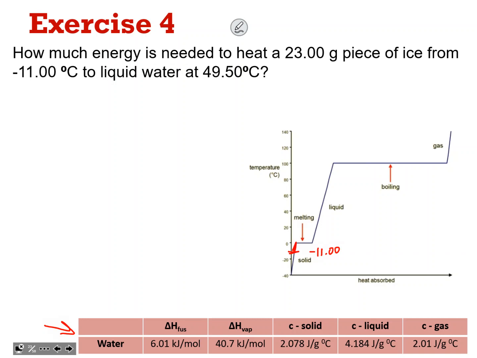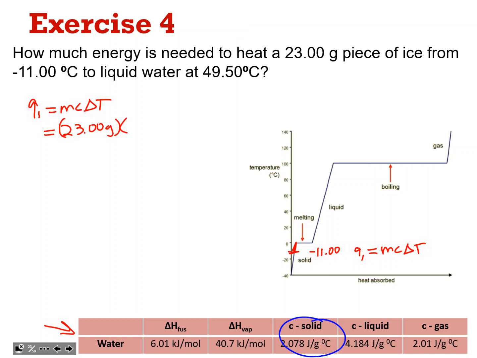Okay? So first things first here, starting down here at -11-ish, that means I have to warm it. So what equation would I use for that? Q equals mcΔT. This is the first step, so I call it Q1. All right, so we have 23 grams of water. And since we're in the solid form, I would need to use this specific heat right here, the solid one, 2.078 joules per gram degrees Celsius.